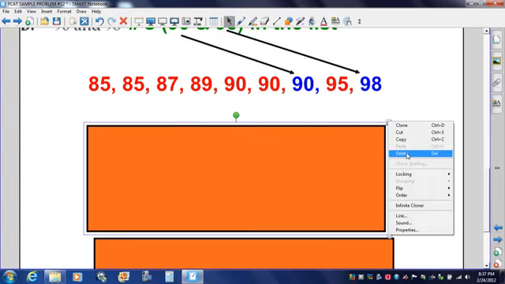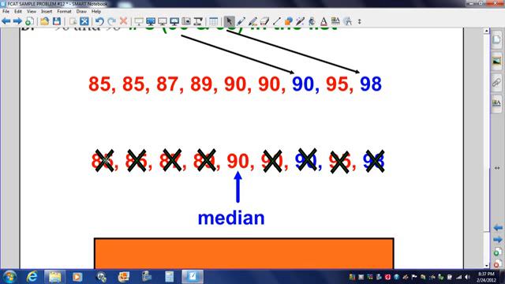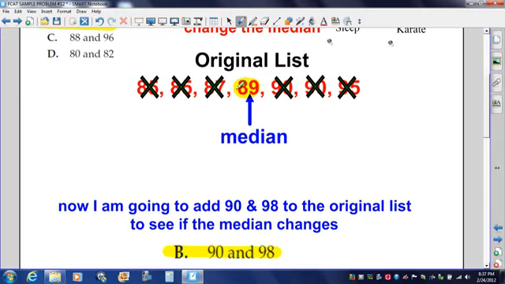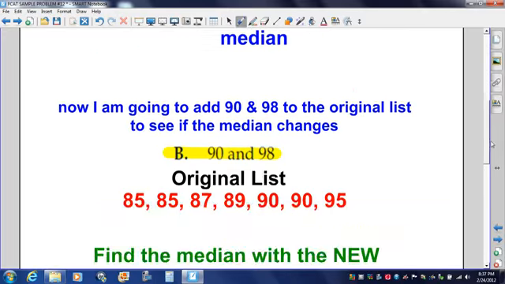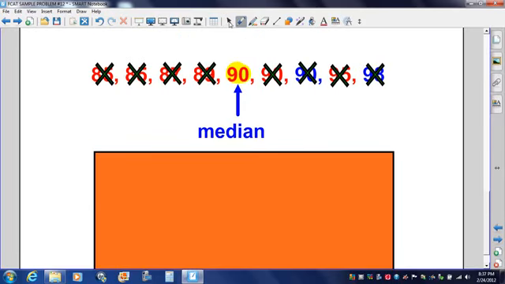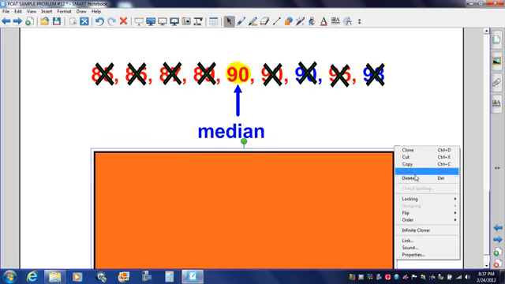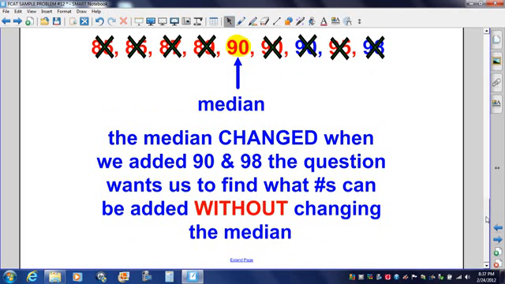Now, we're going to play a little bit of ping pong. Check it out. Our median is now 90. Originally, it was 89. So, yet again, it changed. The median changed when we added 90 and 98.